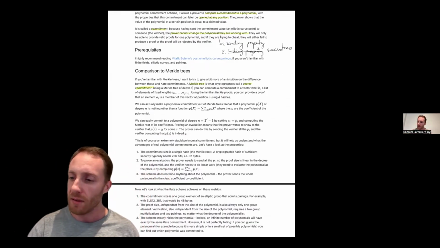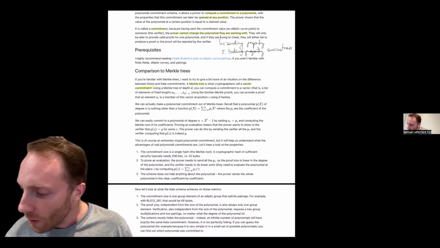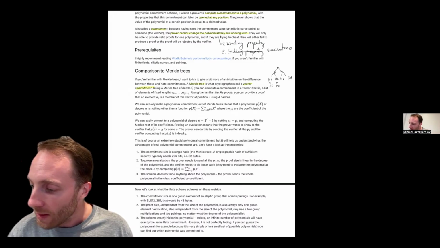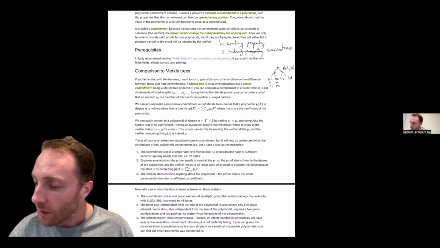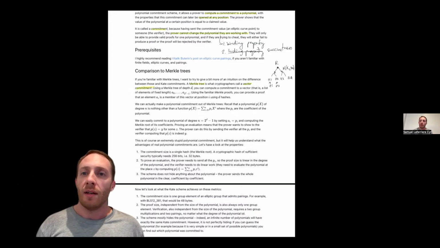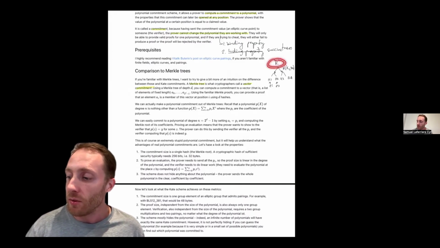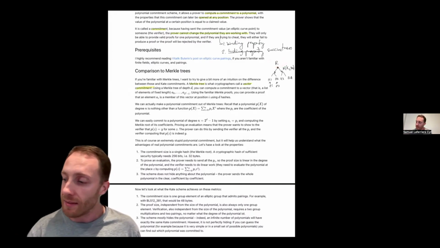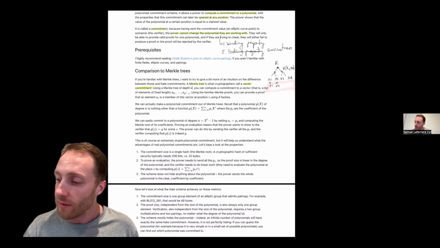If you have a Merkle tree, you have H1, H2, H3, H4, which are the hashes of the elements. So you have element 1, you hash it, element 2, you hash it, and then you recursively hash the hashes until you get the root hash. The root hash is your commitment to this entire vector of elements E1 to E4.